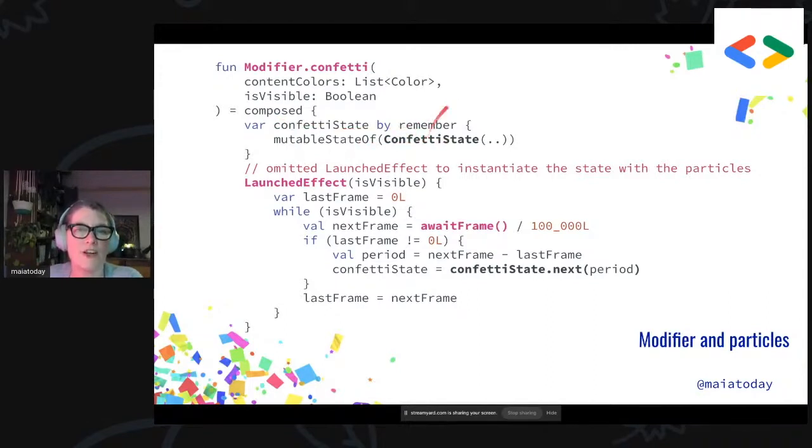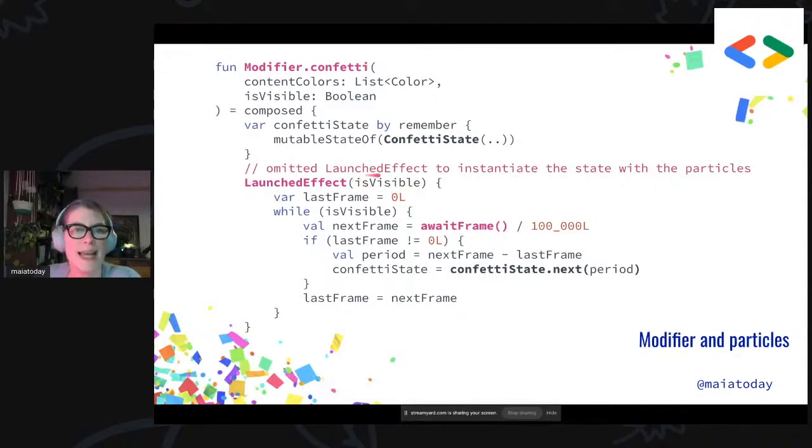So the confetti state goes into state, and then launched effect is a side effect. A side effect is something that happens outside of the composer and the state. A launched effect is one that will kick off a coroutine for you. You key the launched effect on something, and here I'm keying it on is visible.